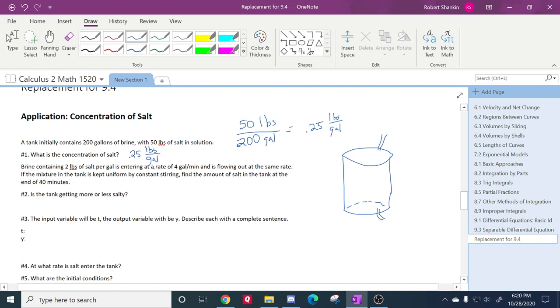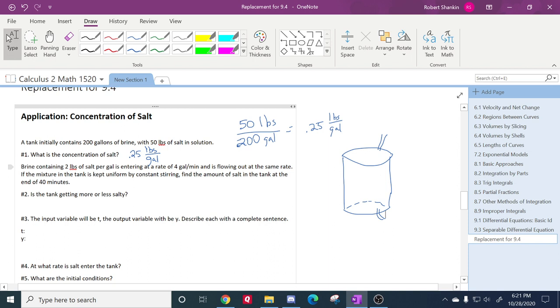Now, it turns out, this is one of the problems, there's a theme of this in math in general. We're asked a very specific thing. What's the amount of salt in the tank at the end of 40 minutes? I know I started out with 50 pounds of salt. At the end of 40 minutes, I'm going to have a different number of pounds of salt. I'm asked for a specific number. It turns out that that question is too hard to answer if we think of it only as one finite question.